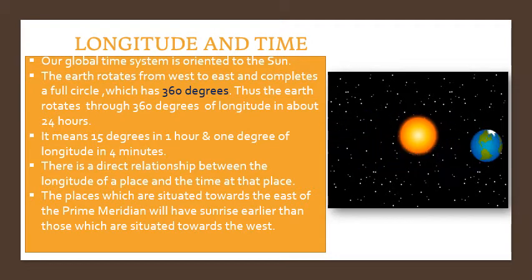So, the earth rotates through 360 degrees of longitude in about 24 hours. It means we can say that the earth rotates through 15 degrees of longitude in 1 hour and 1 degree of longitude in 4 minutes.